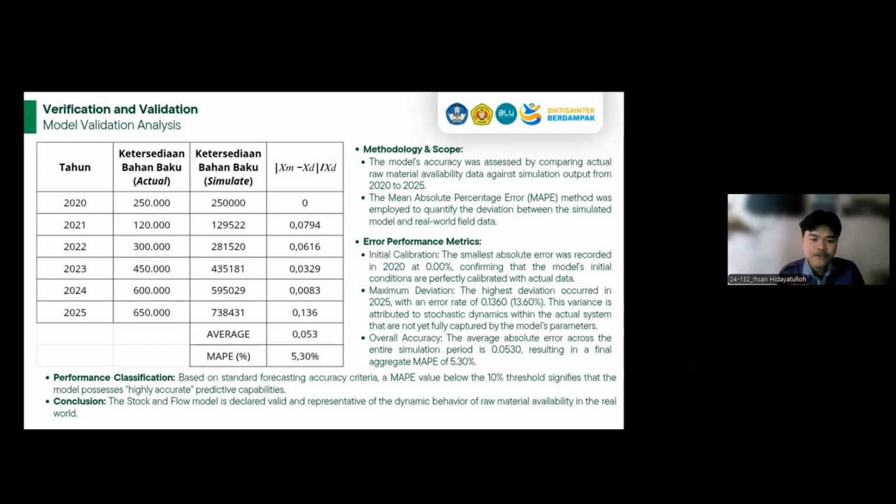So, based on the standard forecasting accuracy criteria, a MAPE value below the 10% threshold signifies that the model possesses highly accurate predictive capability. So, the stock and flow model is clear, valid, and representative of the dynamic behavior of raw material availability in the real world. So, in conclusion, this model is valid.